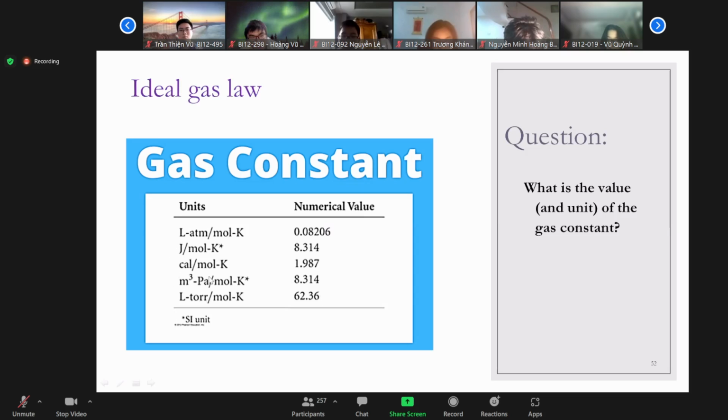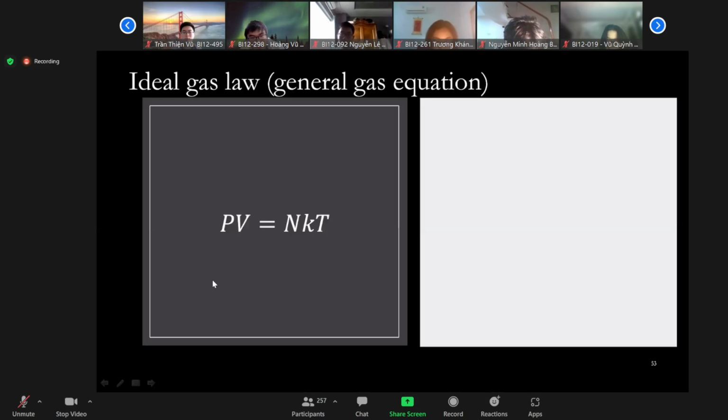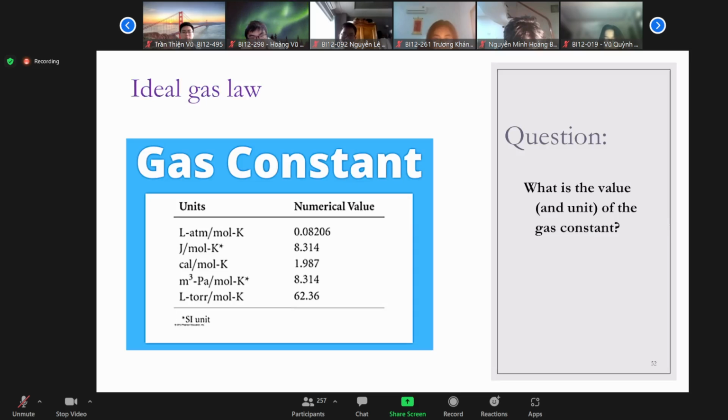You can write it in this form also when, for example, the volume is measured in cubic meter, the pressure in Pascal, the moles in mole, and temperature in Kelvin. These are two SI units that I think you should remember.